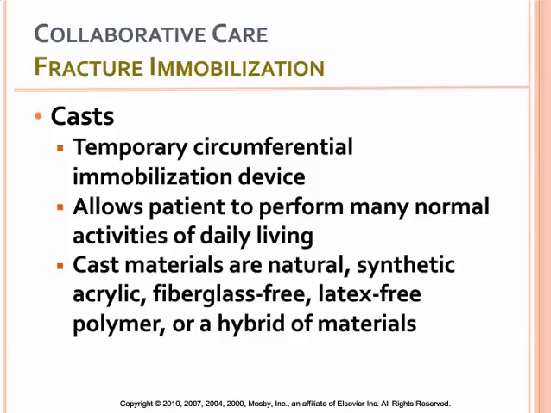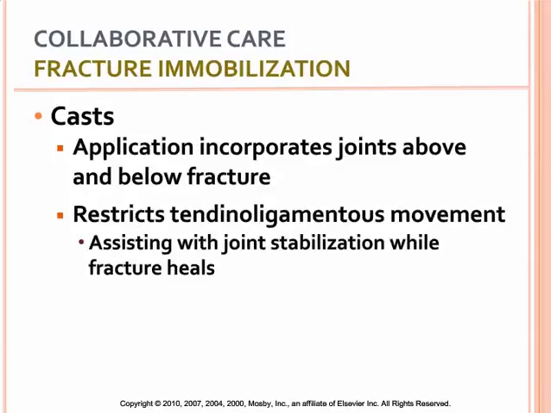And they are commonly used as treatment after a closed reduction. The application incorporates the joint above and below the fracture most often, and it restricts the tendinoligamentous movement, so it assists with joint stabilization while the fracture heals.